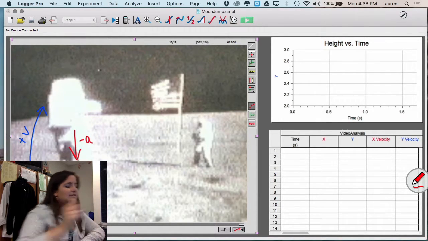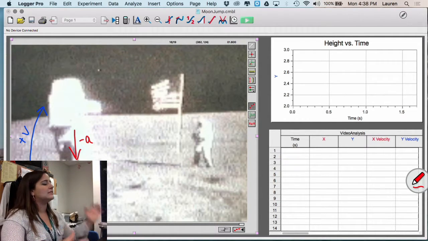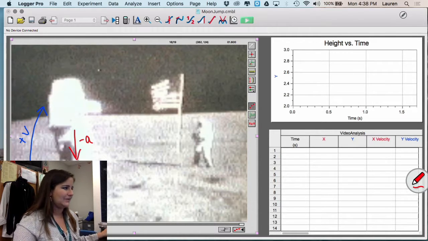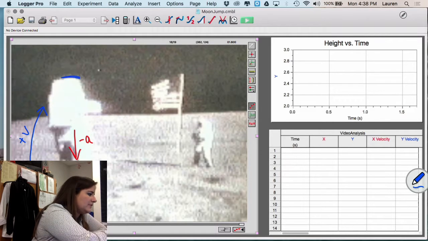Standard convention is that up is positive and down is negative. So his velocity is positive as he's going up and negative as he's going down. We can also look at the very top of his jump.